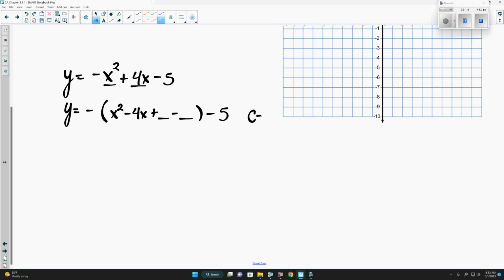Now c is still going to be our b over 2 squared. In this case, b is negative 4. Negative 4 over 2 squared. Well, negative 4 divided by 2 is negative 2. And negative 2 squared is 4. Questions on how we found c or plugged it back in?